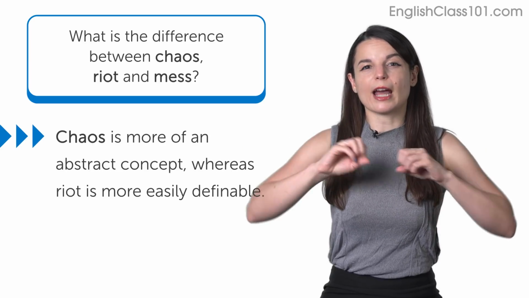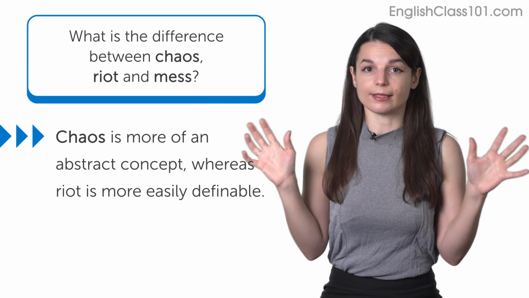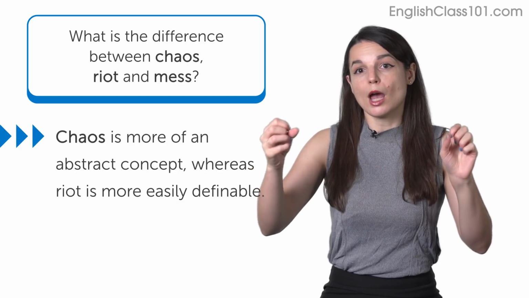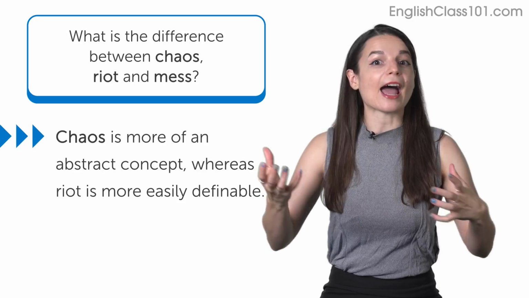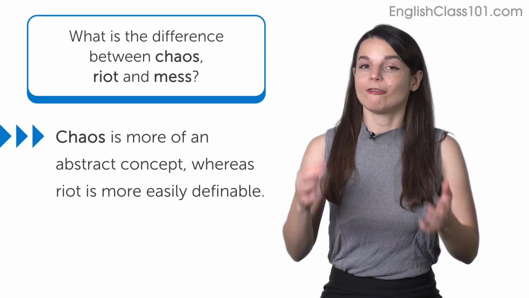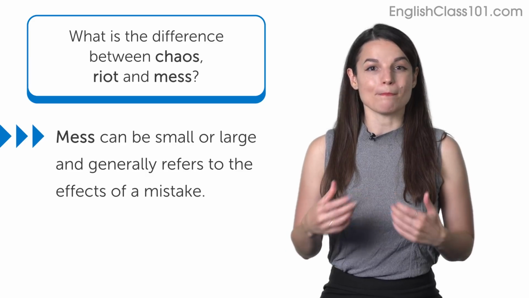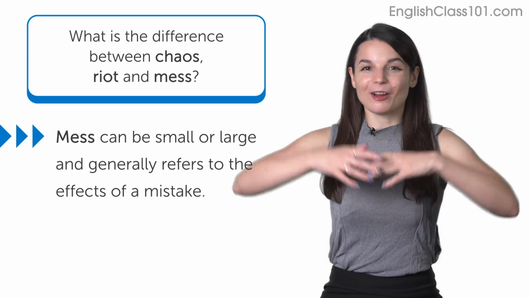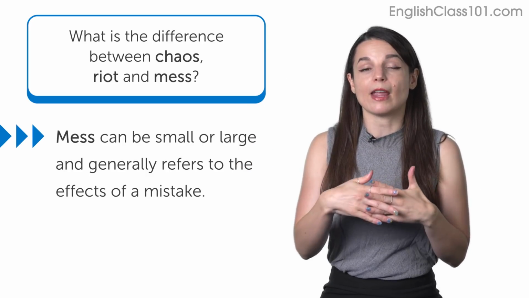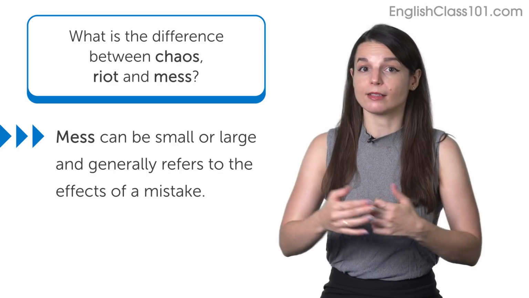So chaos is more of an abstract concept. It's not a concrete thing we can touch or see or identify, but it's something that shows us a lack of order, something that doesn't indicate rules or organization. Finally, the last word in this group, mess. A mess can be a very big mess or a very, very small mess. It refers generally to some kind of a mistake or the effects of a mistake.